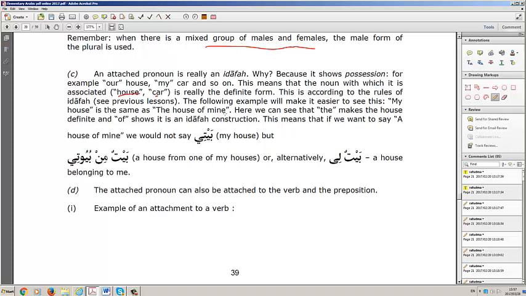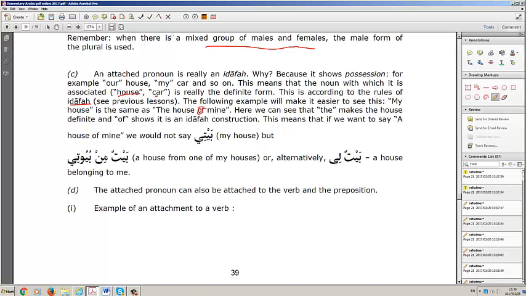And this is according to the rules of idafa, which we did in the previous lesson. So baytuna, our house, is really the same thing as saying house of mine. So this indicates that it is idafa, if you remember the previous lessons.